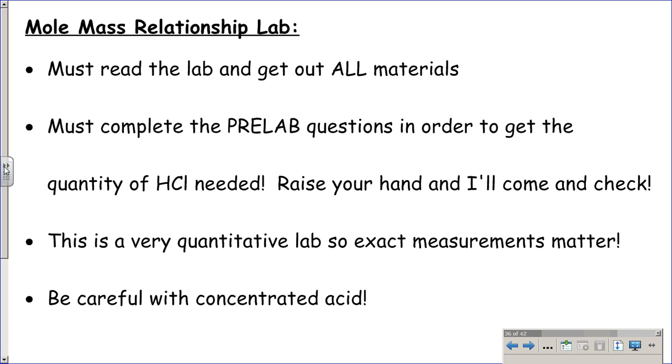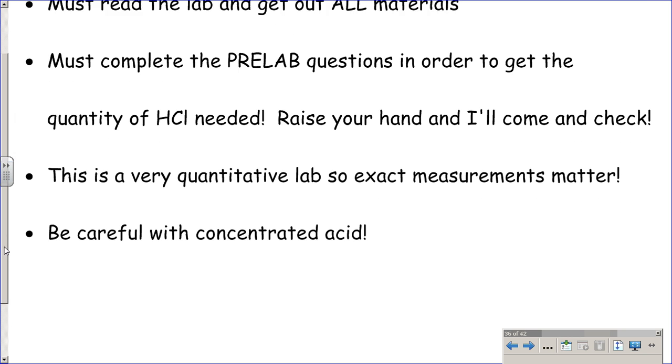There are 4 questions about the reaction, about what's produced, and then how much of the concentrated 6 molar HCl you need to use. Now this is concentrated acid, please don't get some on your face, eyes, nose, or mucous membranes. You have to get that before I can approve you to move on, because if you don't, you're going to make an impure form of sodium chloride. We want pure sodium chloride, so we could technically eat it, right? If we're confident in our chemistry skills, we'll see. We'll see your percent yield and percent error, but we're making pure sodium chloride from a reaction.